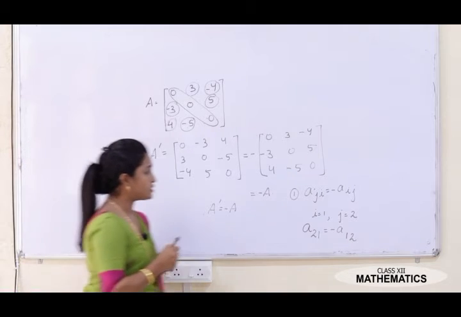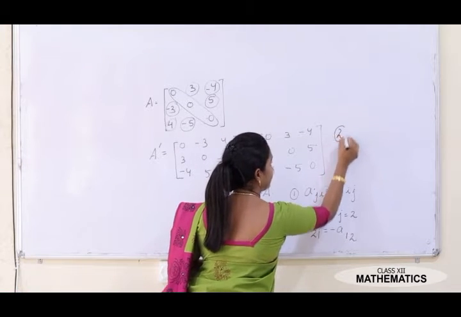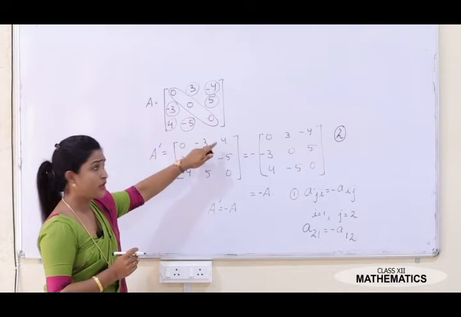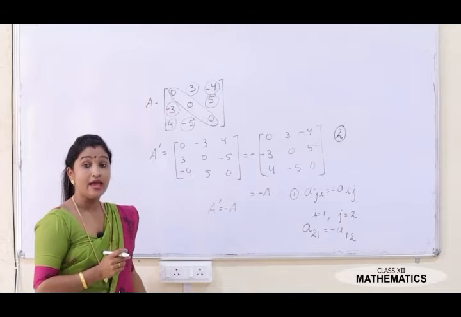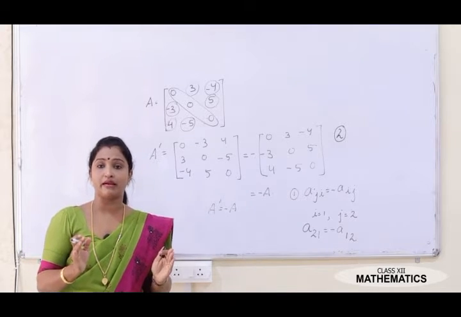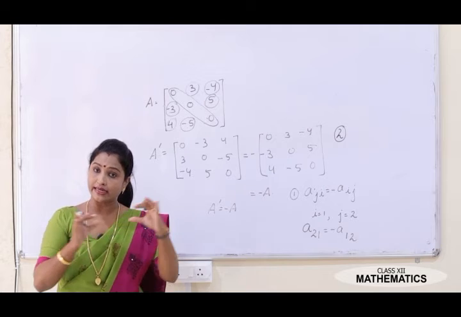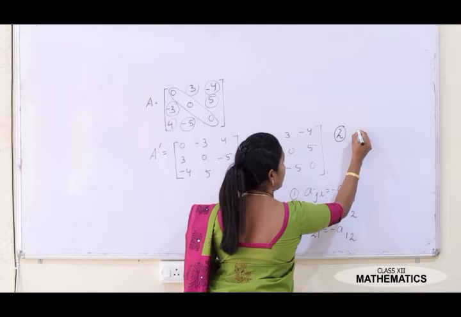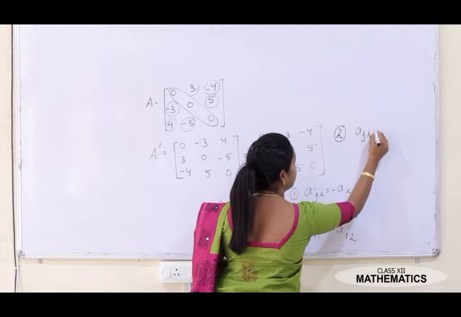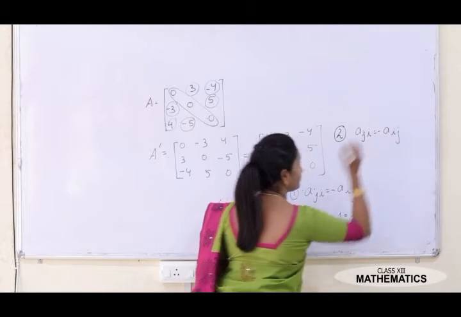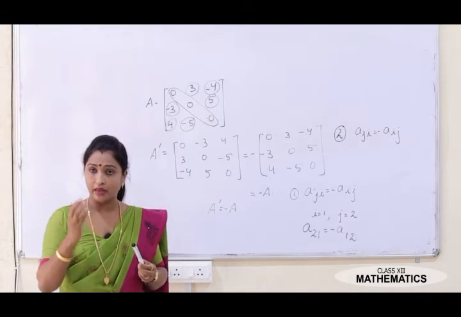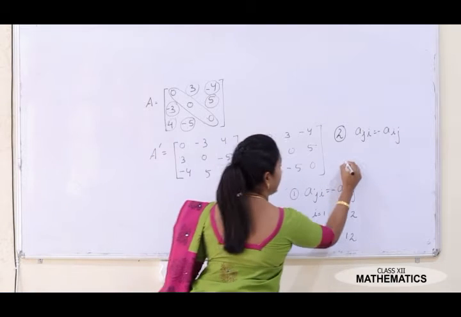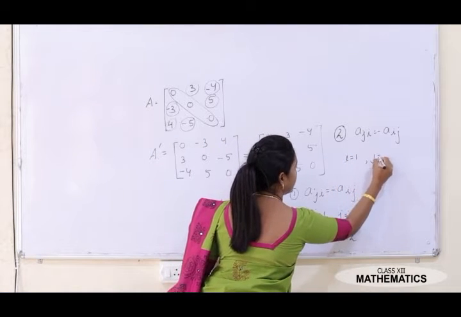Right. Now when you see the second property, that is very, very important: the diagonal element is 0. Whenever you have to prove any skew symmetric matrix, that means its diagonal elements must be 0. You see how it is possible. For the diagonal elements, we just told you that Aji is equal to minus Aij. You know that diagonal elements mean A11, A22 and A33. These are diagonal elements. Suppose you are taking i as 1 and j is also 1.